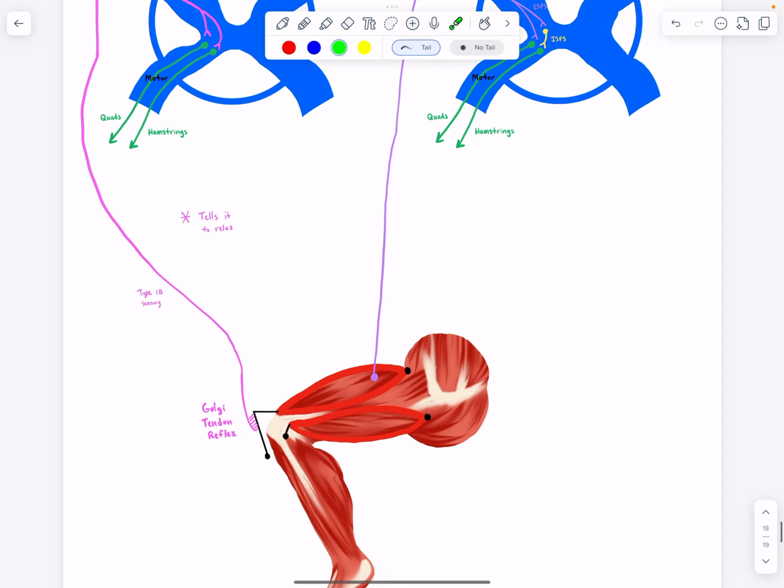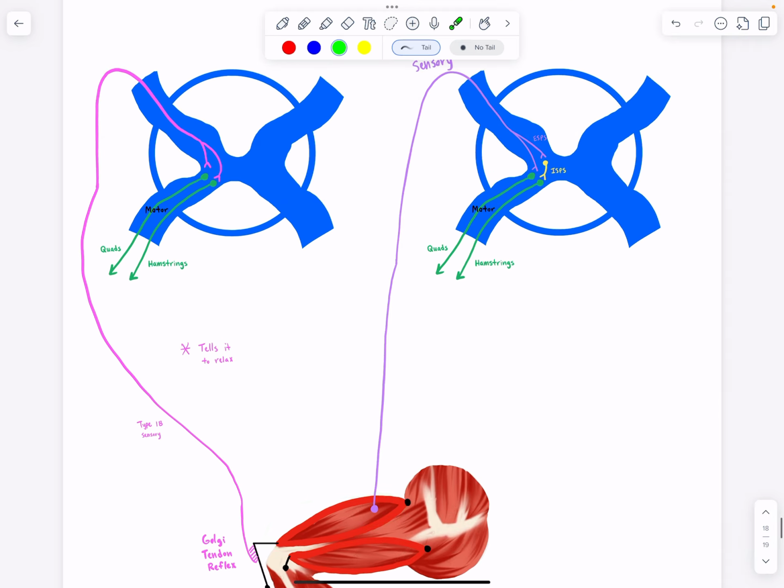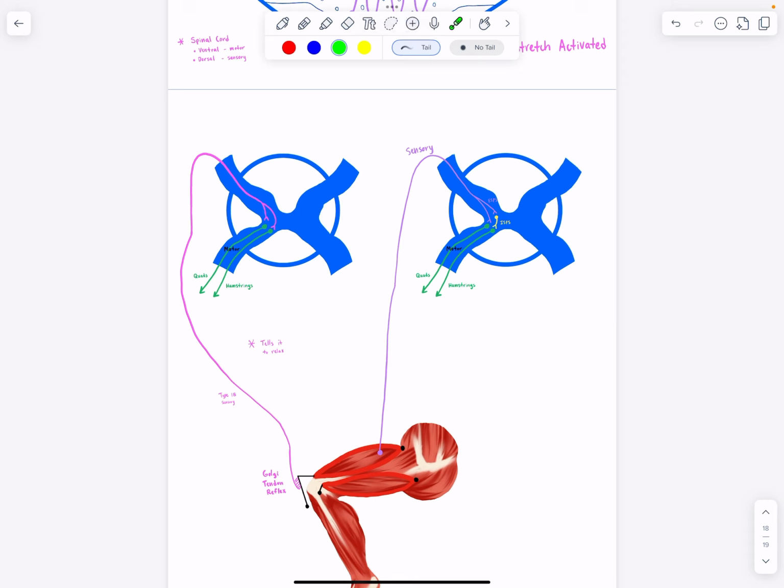In this case, it would be the quads, so it'll inhibit that and tell it to relax. The main driver muscle here in this case would be the quads.